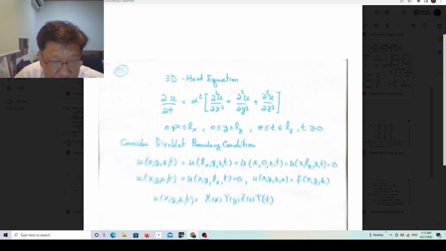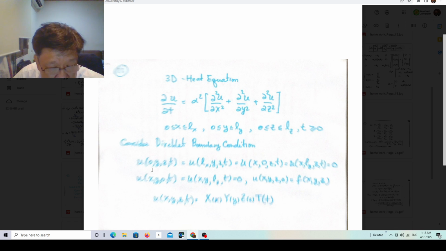And you have what we call the boundary condition: the finite domain of x, y, and z, starting from 0 to alpha x for domain x, 0 to alpha y for domain y, and 0 to alpha z for domain z. And this one is the general three-dimensional heat equation by expansion. This is the correct equation, and alpha squared is a positive value here, and t has to be greater than or equal to 0.